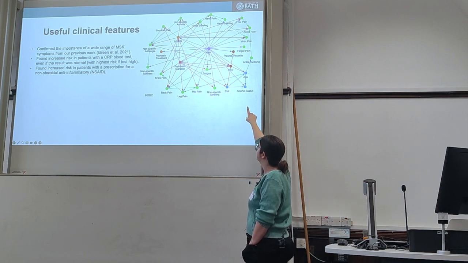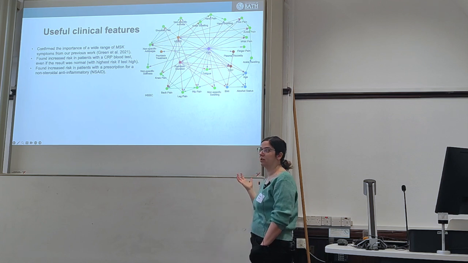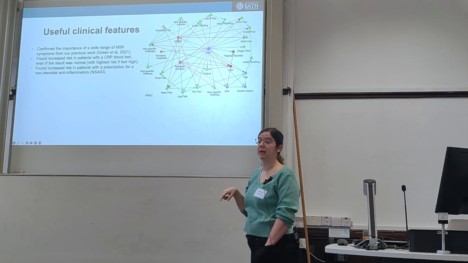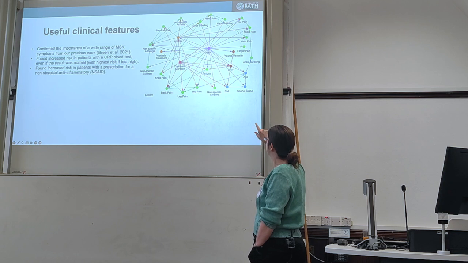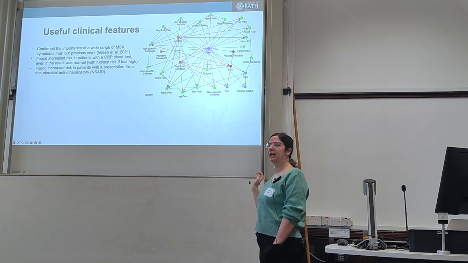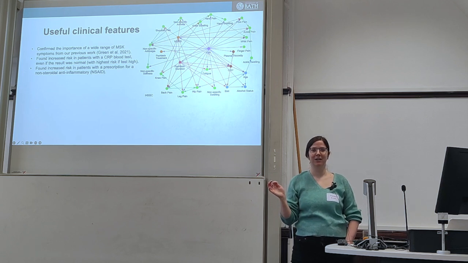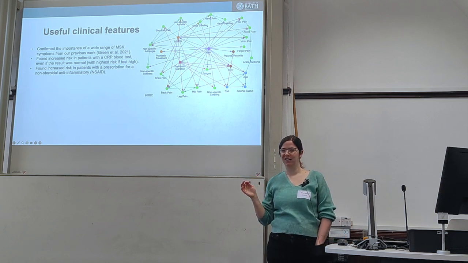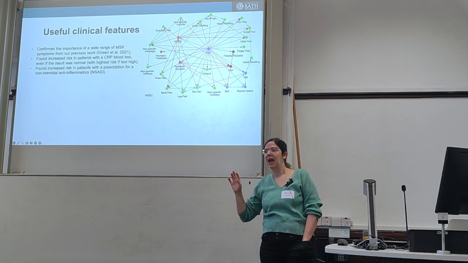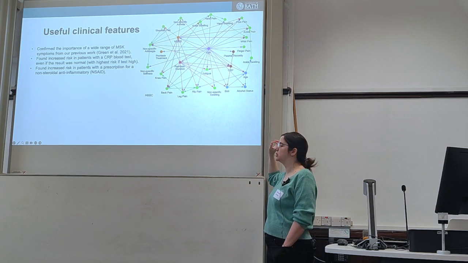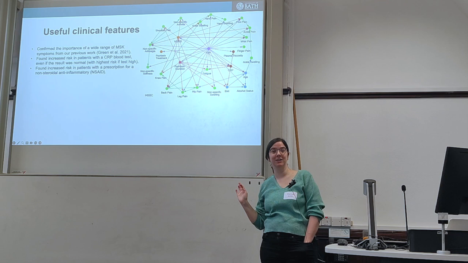Plasma viscosity and CRP are both generic markers of inflammation, so they're not specific to PSA. One thing we found interesting with CRP is that it actually just matters whether the GP ordered the test. It doesn't really matter what the test result was. In PSA, patients don't necessarily have an elevated CRP.